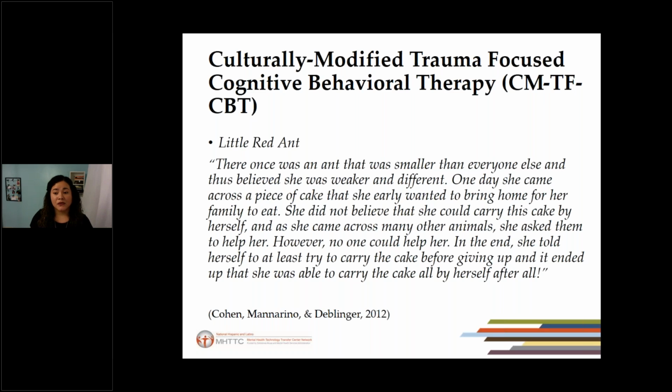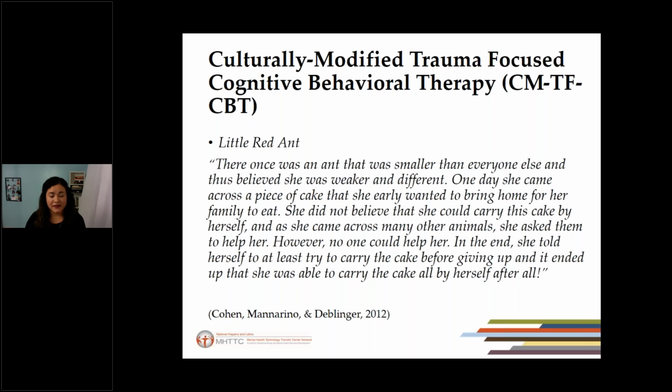The Little Red Ant is a short story that you can share with your clients and talk about what you learned from the story, how the little ant was encouraged and how he asked for help, and if something like this happens to you, what you can do or what you will do.